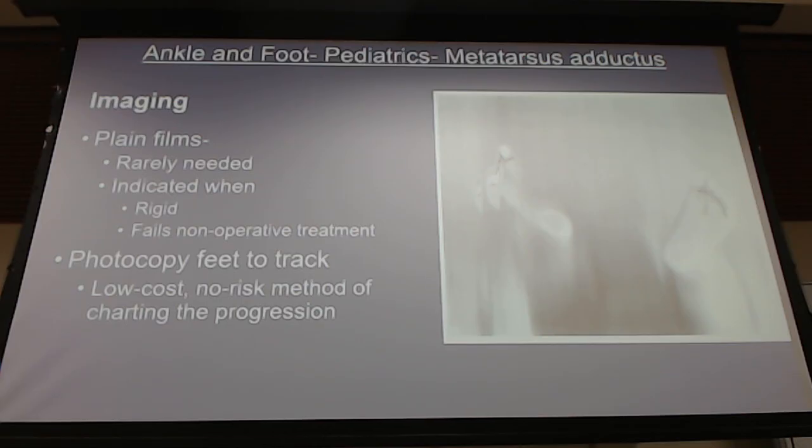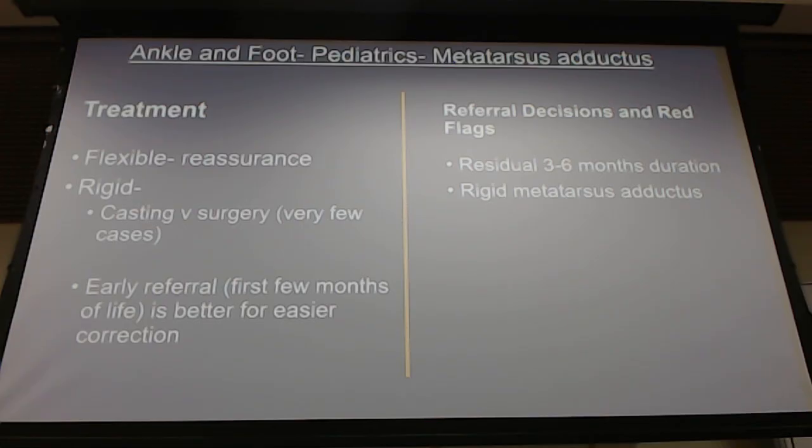And then we talk about, in cases where a patient needs direct follow-up, then you can simply ask parents to take repeated photocopies of the baby's foot as a low-cost option. Okay. There may be some parents who may have reservations about doing that. So just be on the lookout for that as well.